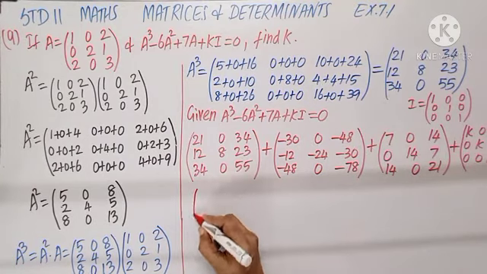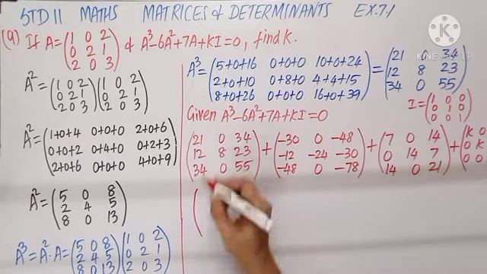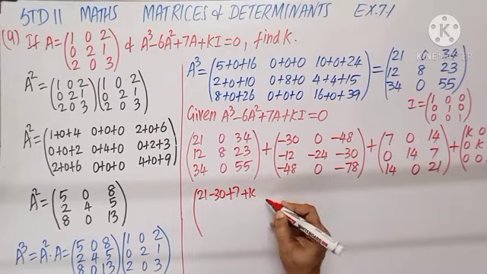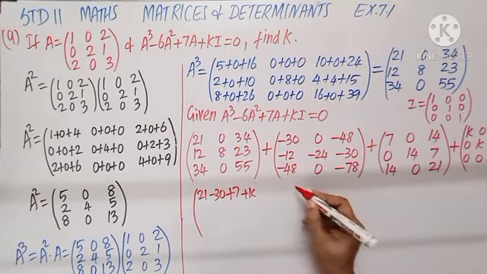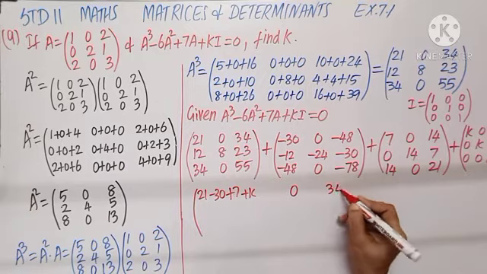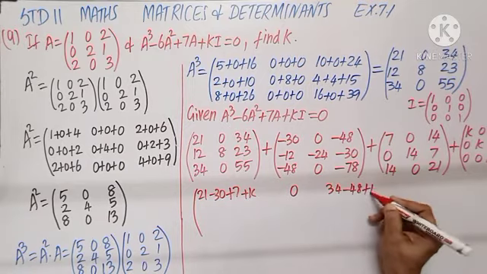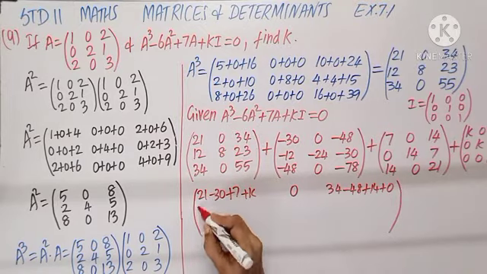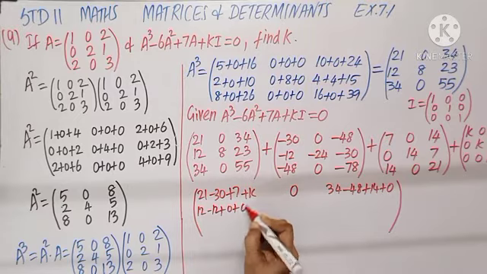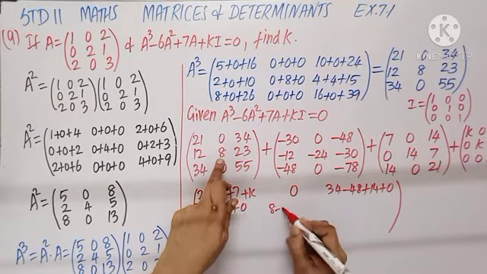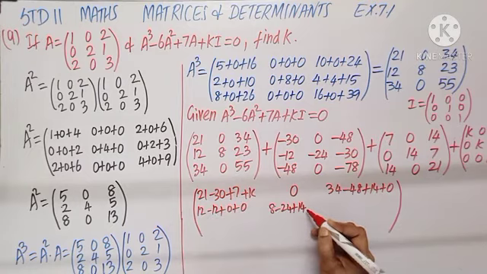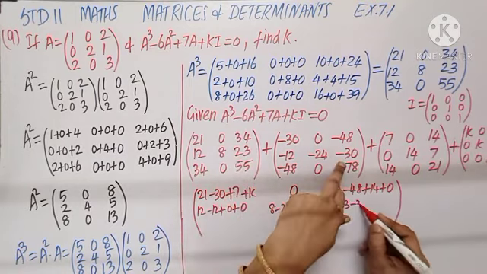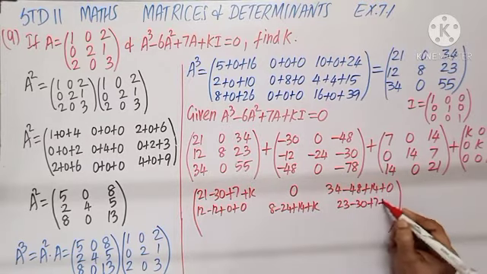Let us add the corresponding entries. 21 minus 30 plus 7 plus K. Second entry is 0. Third entry is 34 minus 48 plus 14 plus 0. Second row 12 minus 12 plus 0 plus 0. 8 minus 24 plus 14 plus K. Third entry 23 minus 37 plus 14 plus 0.